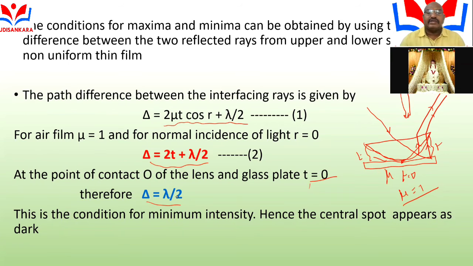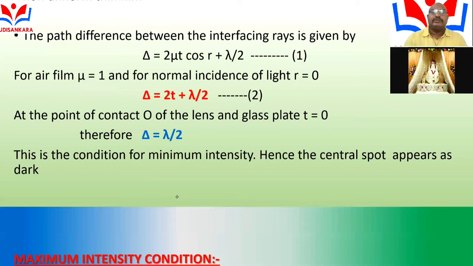The center spot has thickness 0 because of the plano convex lens and glass plate: at the point of contact the thickness is 0, there is no medium.